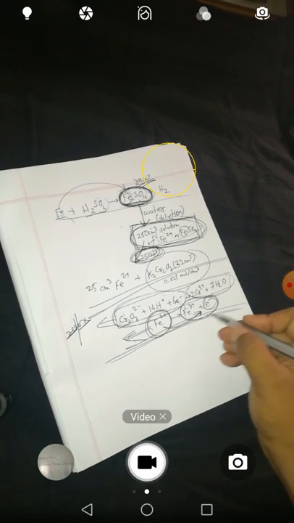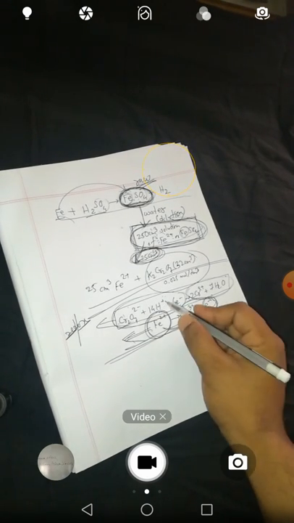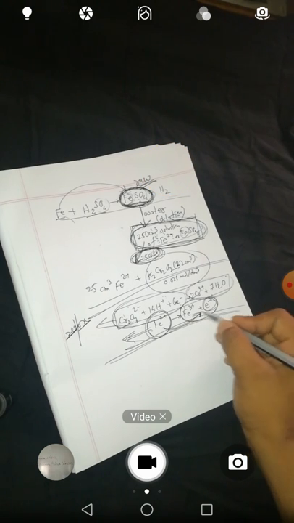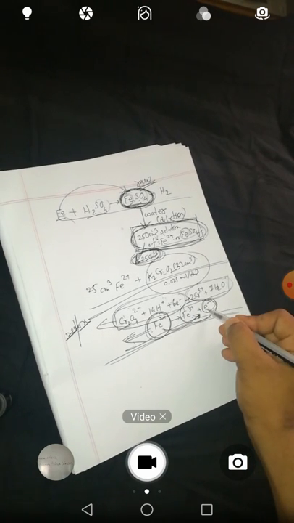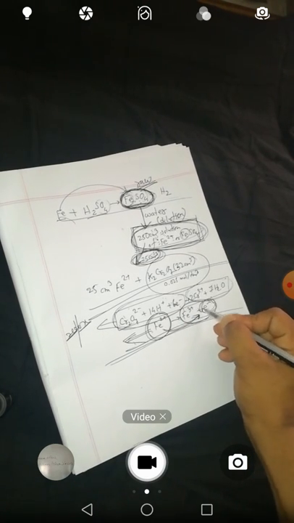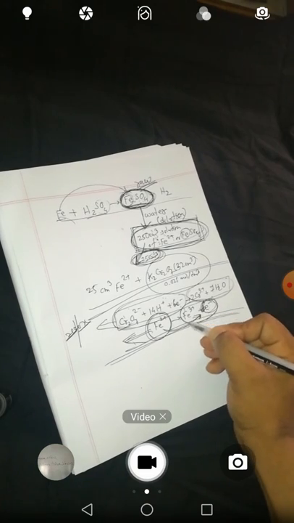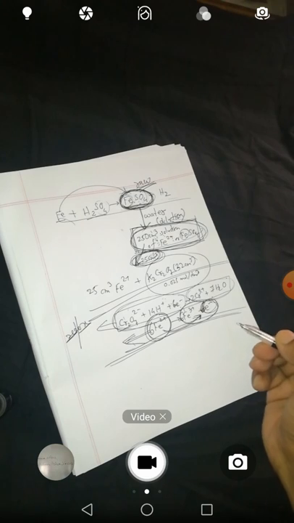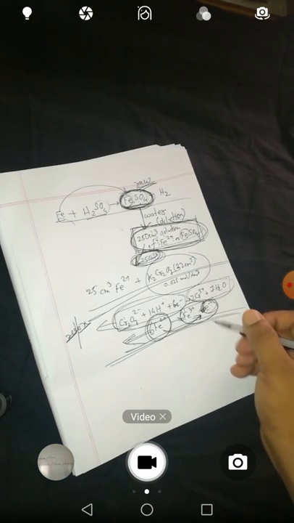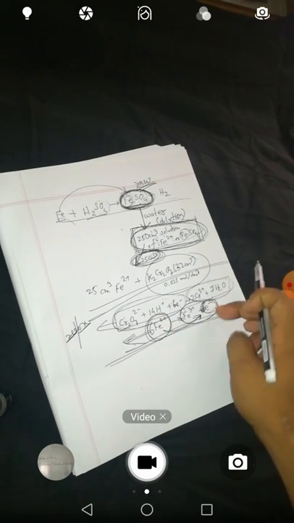So now when you are asked to write the full equation, then you must first balance the number of electrons. So here is 6 electrons, but here is 1 electron, so multiply by 6 here. If 6 is multiplied here, then 6 is multiplied here, then 6 is multiplied here. Then what you need to do is just add up the reactants and the products and cancel out the electrons.